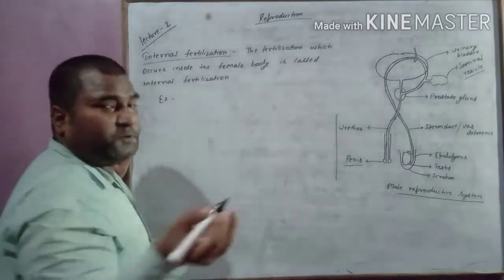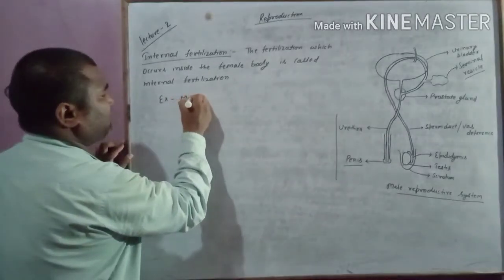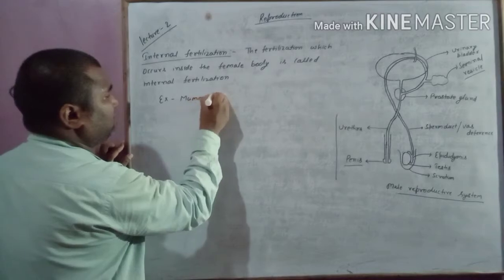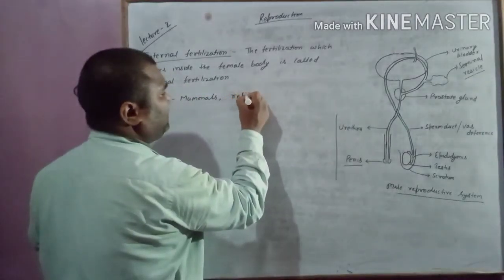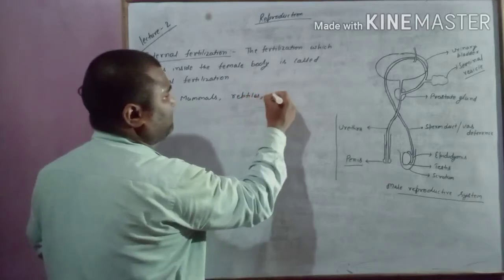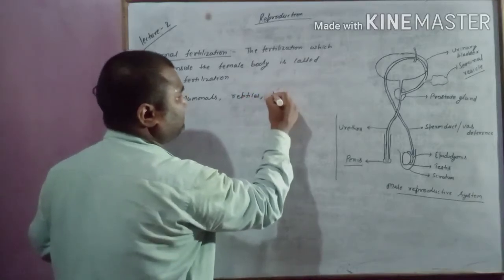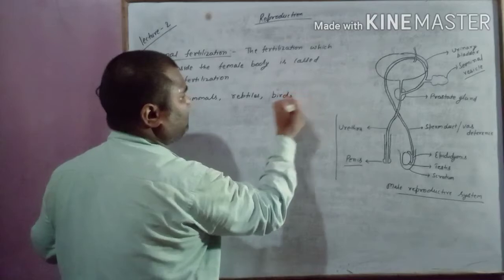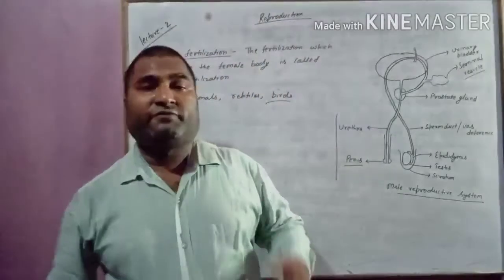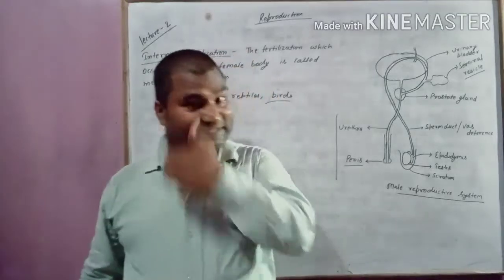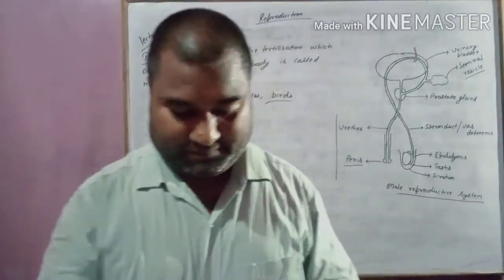Example: humans, that is mammals, reptiles, snakes, birds. So fertilization is of two types: external fertilization and internal fertilization.